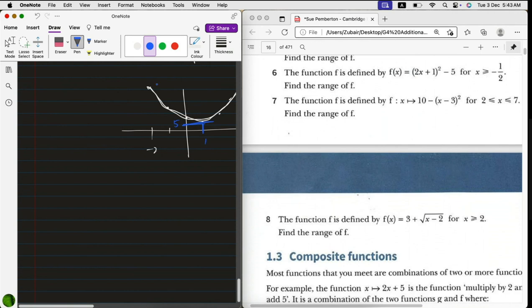Number 6. The function f is defined as f of x equals (2x plus 1) whole squared minus 5.